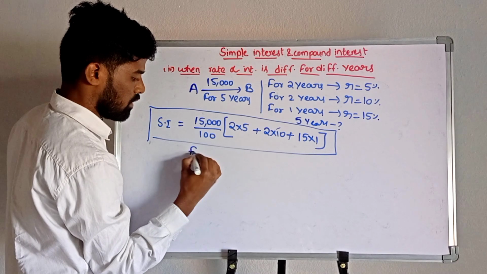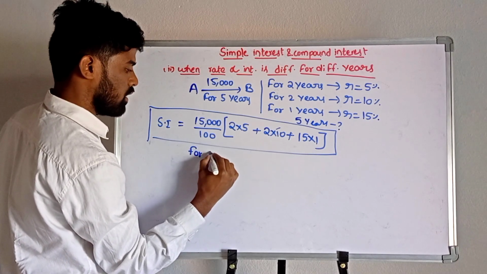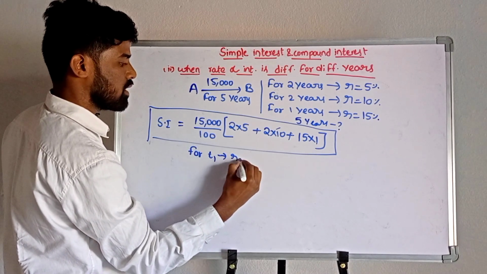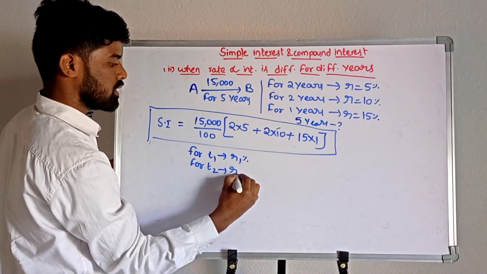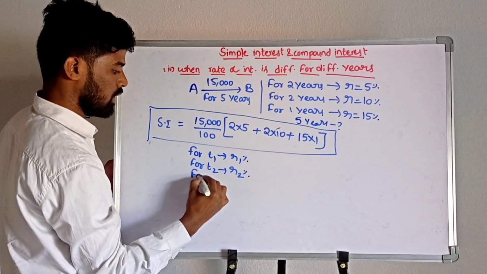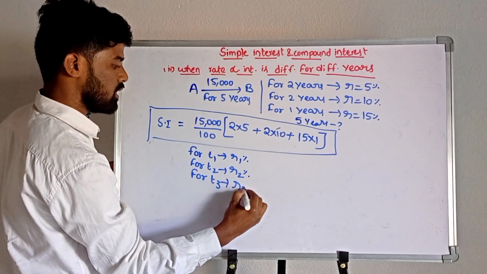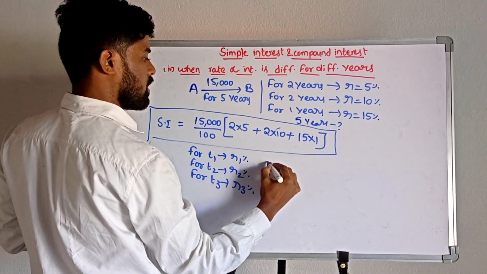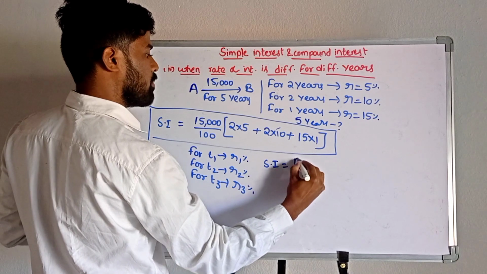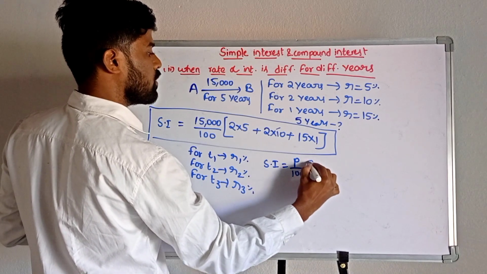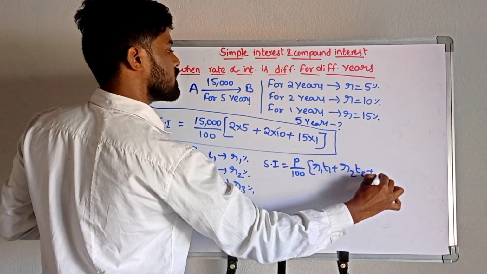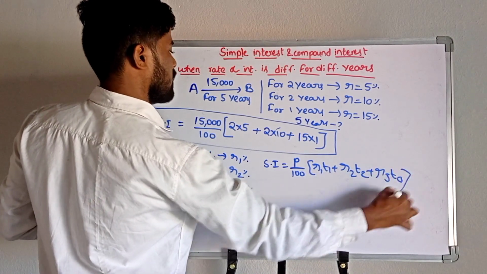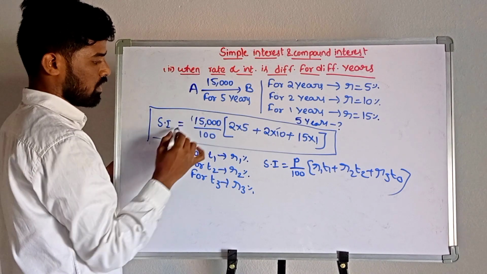Suppose for T1 years, rate of interest is R1%. For T2 years, rate of interest is R2%. For T3 years, rate of interest is R3%. The formula for calculating simple interest is P by 100 into R1 T1 plus R2 T2 plus R3 T3. See, that's what we have done here.